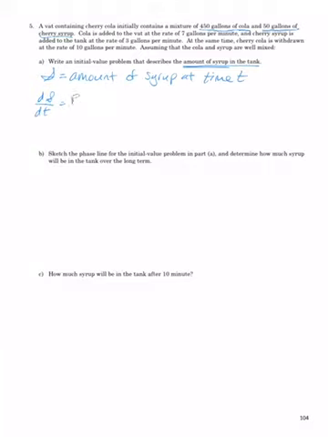So I'm going to have rate in, how fast it's going into the vat, minus the rate out, how fast it's leaving the vat. So they told us that cherry syrup is being added to the tank at a rate of 3 gallons per minute. So that's 3 gallons per minute in.